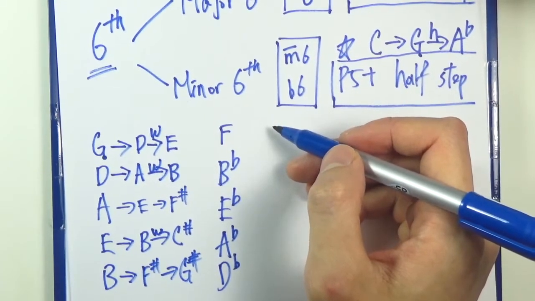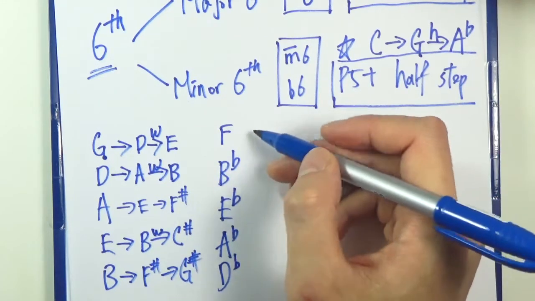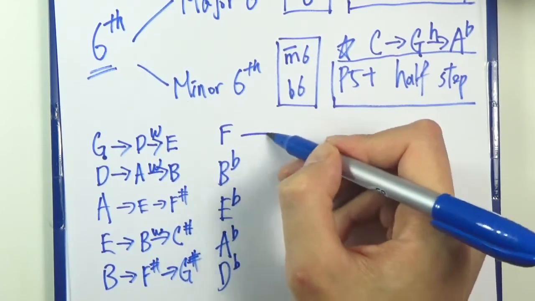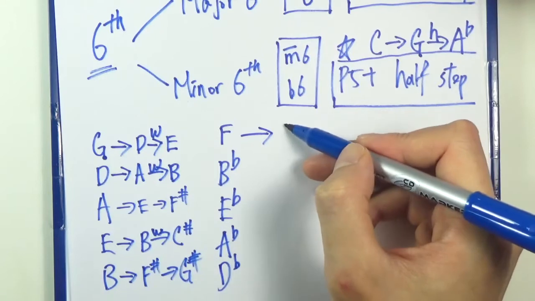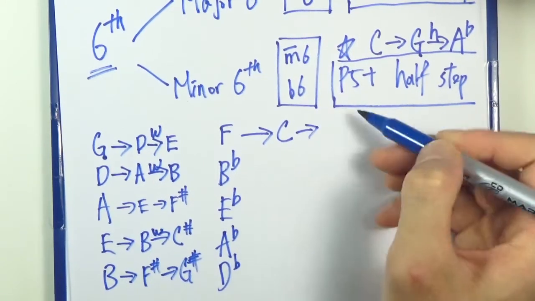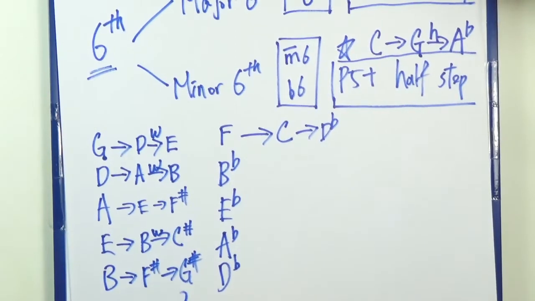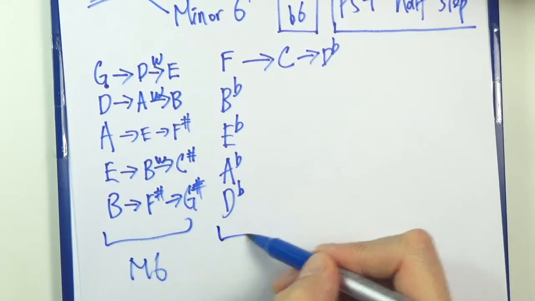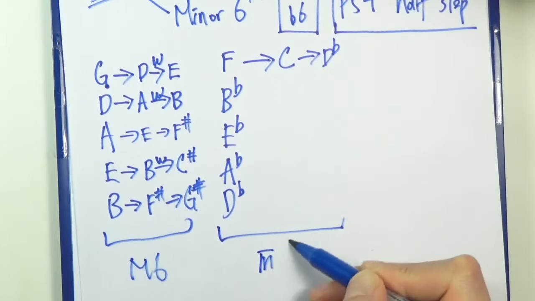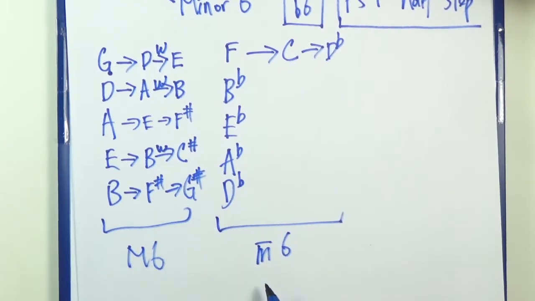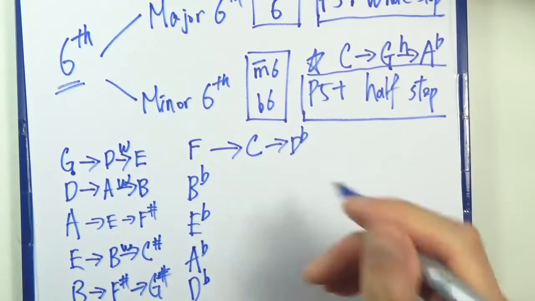So still, well, let's do some minor 6 here, right? So F, C, D flat. So okay. So this part major 6, and here, minor 6 here, right? So let me go back here.